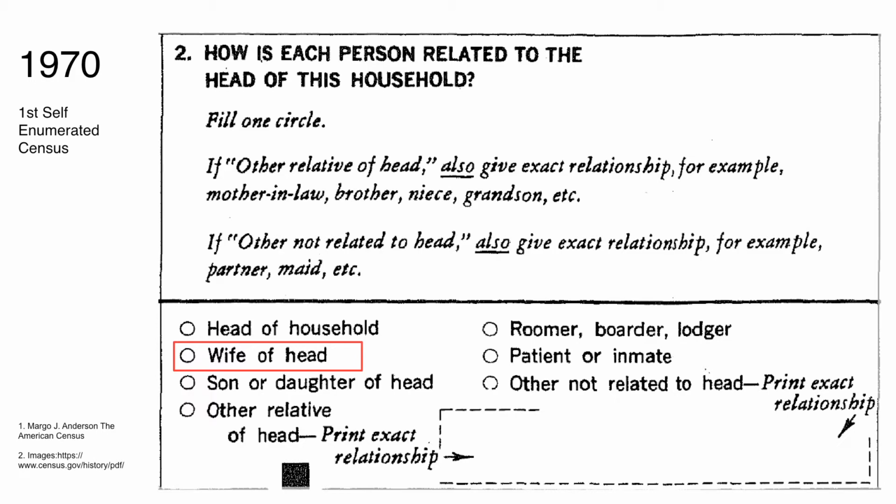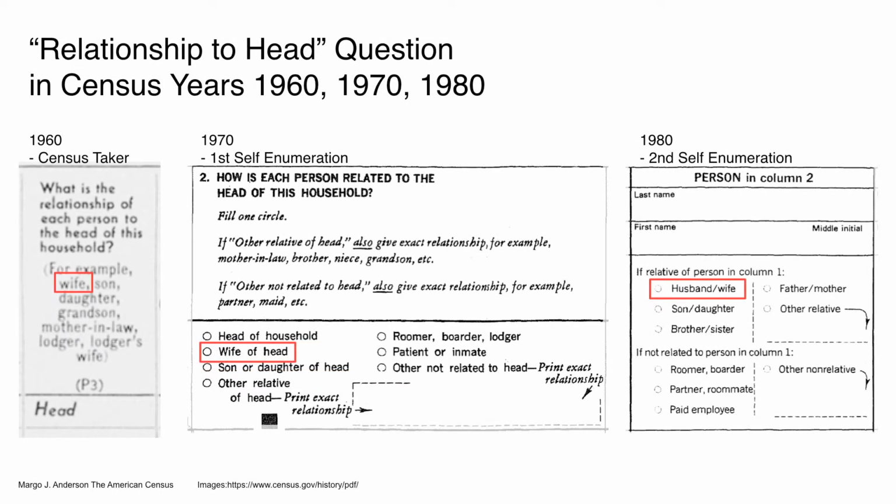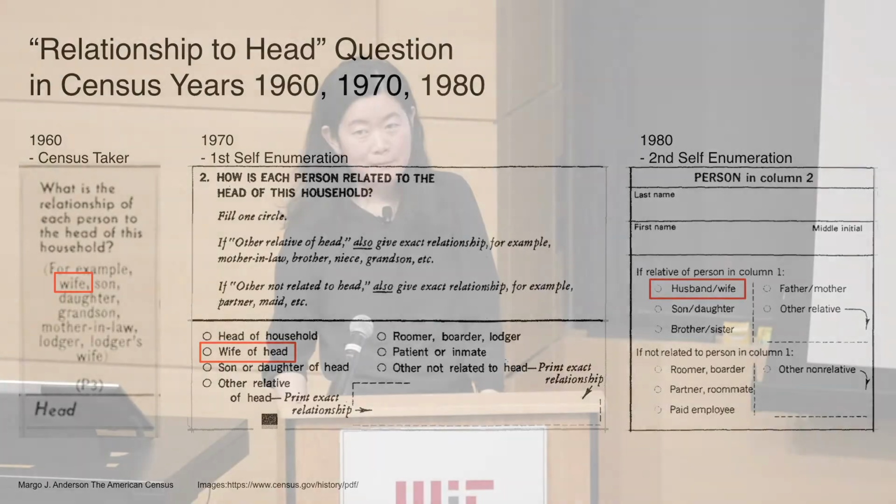So in the subsequent census of 1980, this option was actually changed on paper. Amid all the other changes that happen from one census to another, this might seem very insignificant. However, this is an example that tells the story of the difference between how we're counted and how we count ourselves.